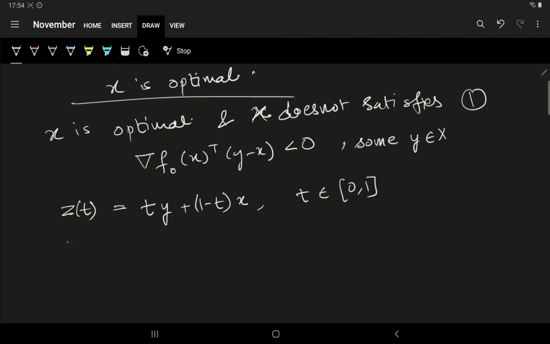So since the domain is a feasible set and a convex set, the line joining y and x, all the points on that line will be part of the feasible set. So z of t is feasible.